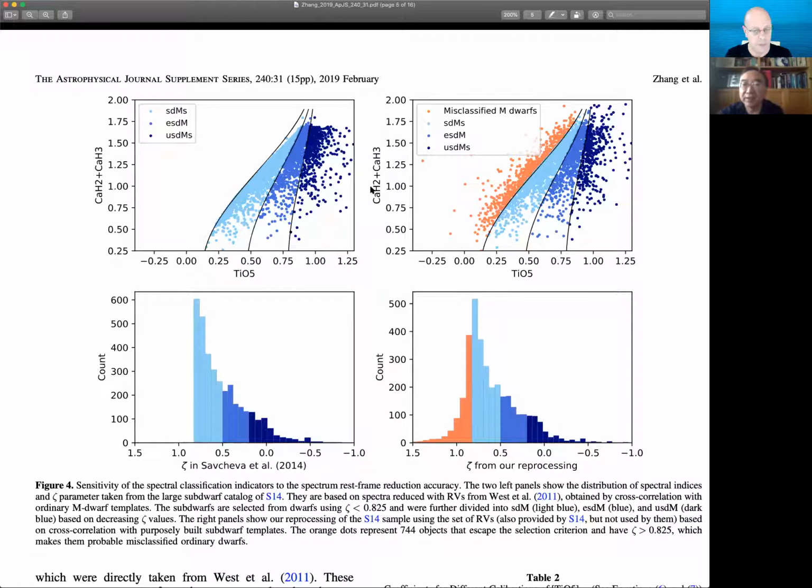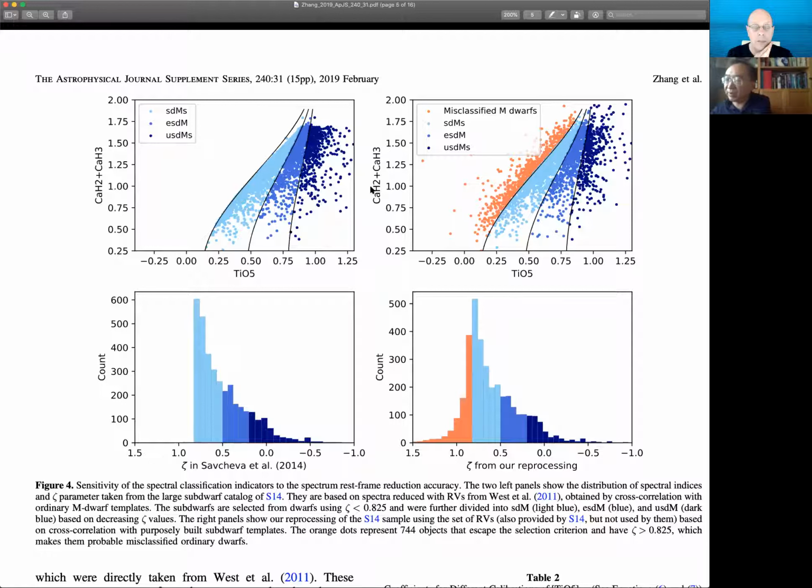In this picture, you can see the criteria for the ultra subdwarfs, and zeta greater than 0.8 is a criteria just to classify the M-dwarfs and the M-subdwarfs. But in ours we have revised this.